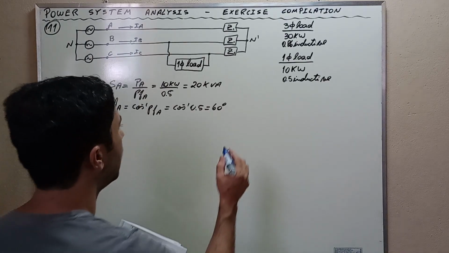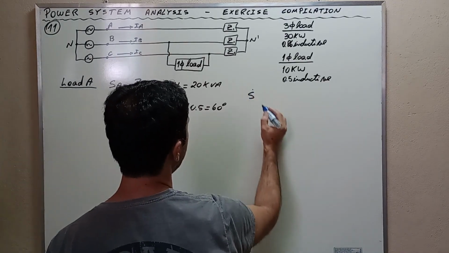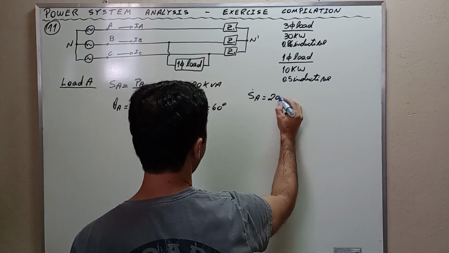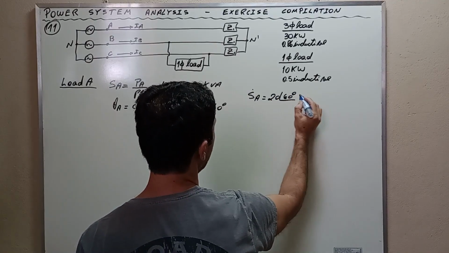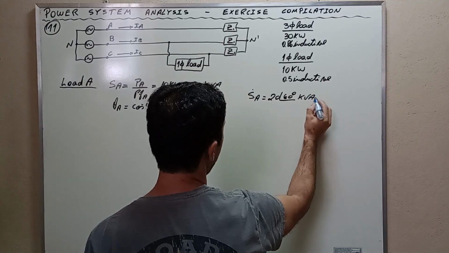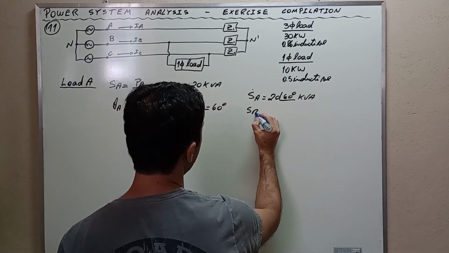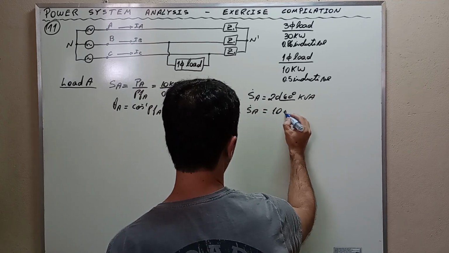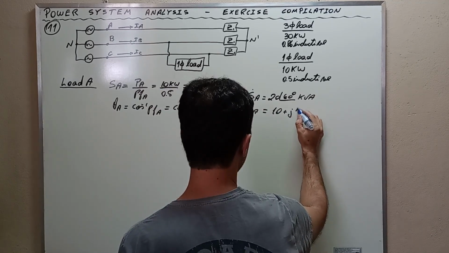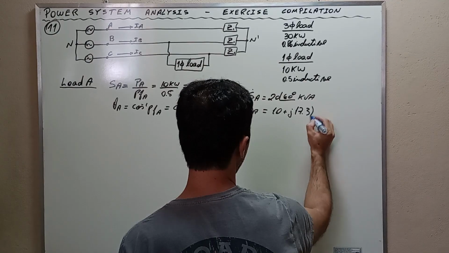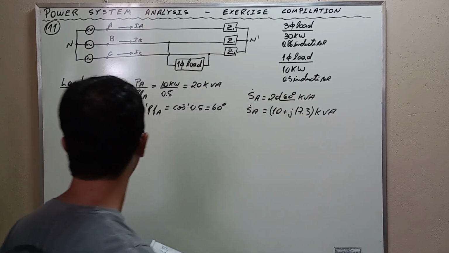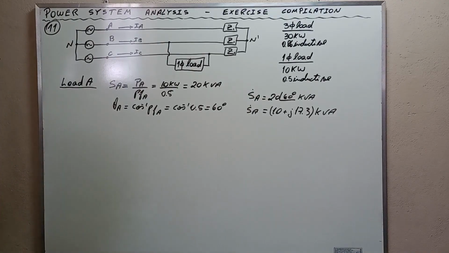The complex power S_A is equal to 20 phase 60 degrees kVA, or if you prefer, it is equal to 10 plus j17.3 kVA.